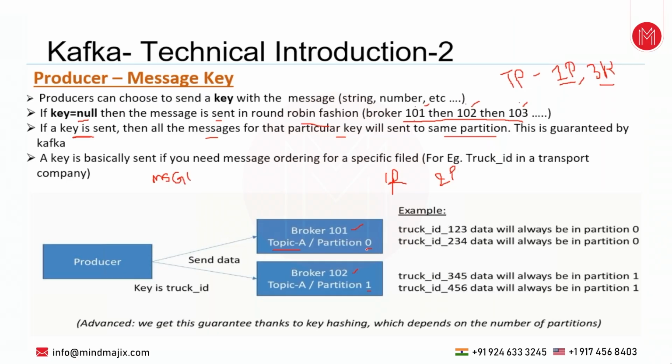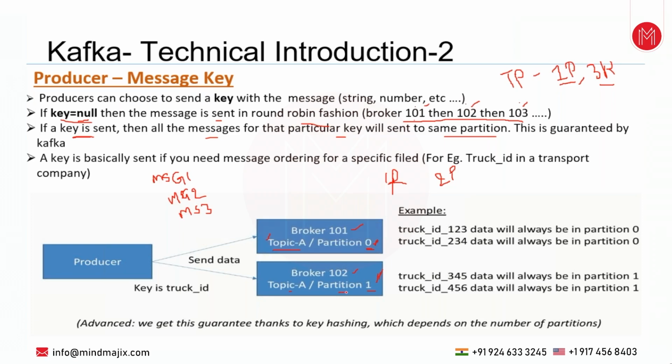Now, it is again sending message number 3 without a key, then the message will go to partition 0. Now message number 4, message number 5, message number 6, message number 7, message number 8, like this in the round. So when a message is sent without a key, it will simply be distributed in round robin and go to any partition. This is not in our control.